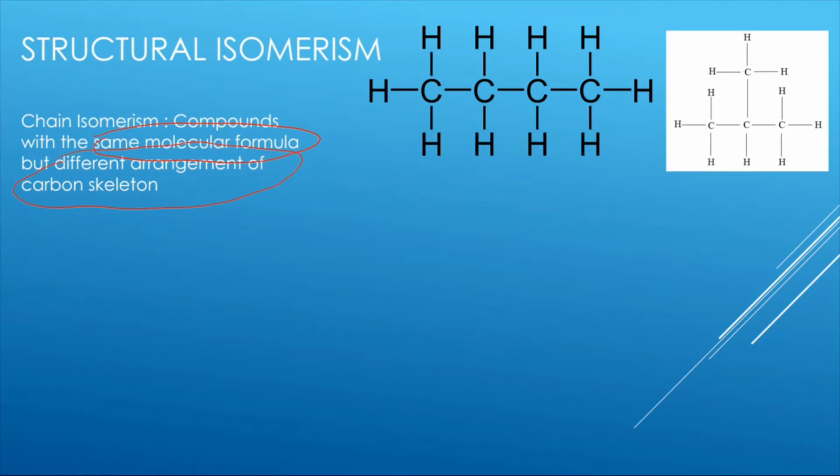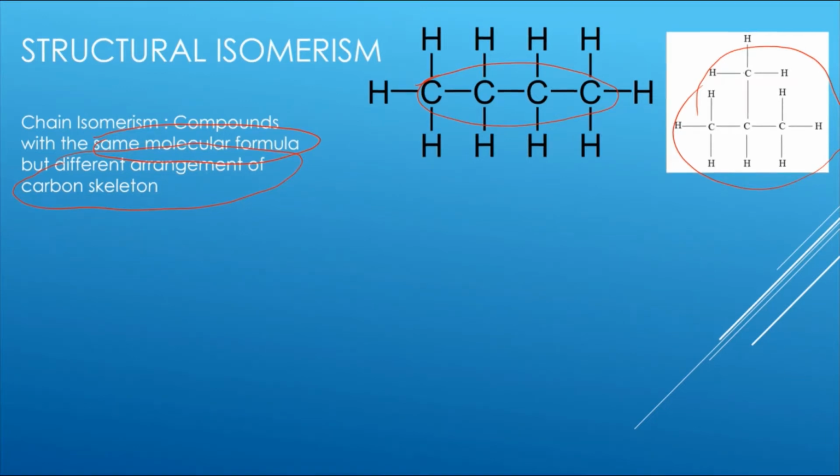But if you look at their structure, this would be butane, because it has four carbons attached to each other and no methyl groups, whereas this example would be called methylpropane because it has a methyl group. So this is an example of chain isomerism because they have a different arrangement of carbon skeleton, with a methyl group instead of a straight chain.